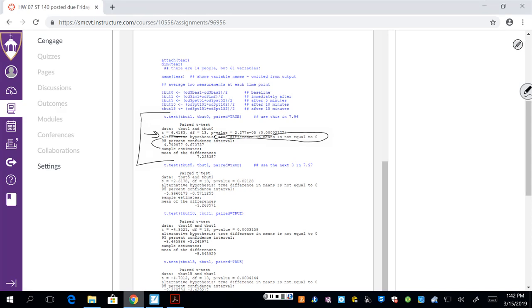Once it gets to be real small numbers, they use scientific notation to represent that many zeros. So that e to the negative 5 really means 4 zeros and then a number, five places to the right of the decimal. That's quite small, so certainly it would be less than 0.05 or other smaller standards. It would be highly significant. There really is a difference there from that treatment.